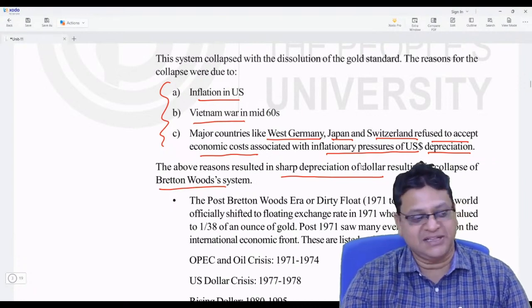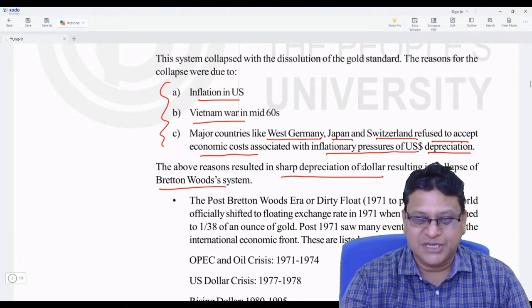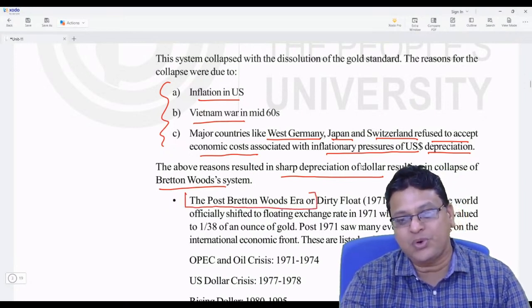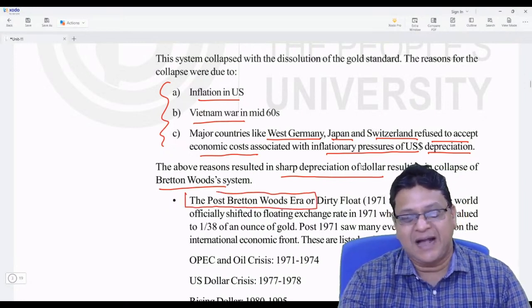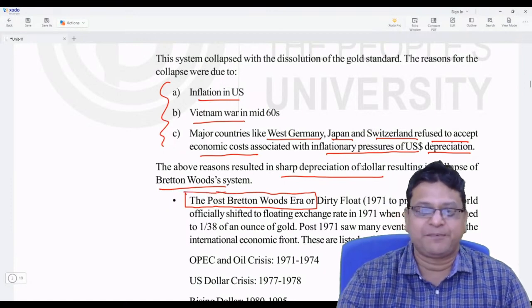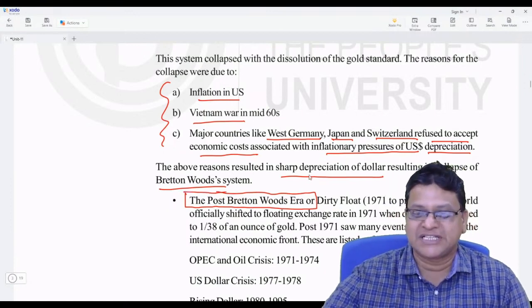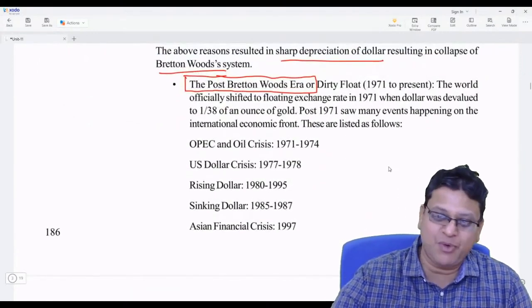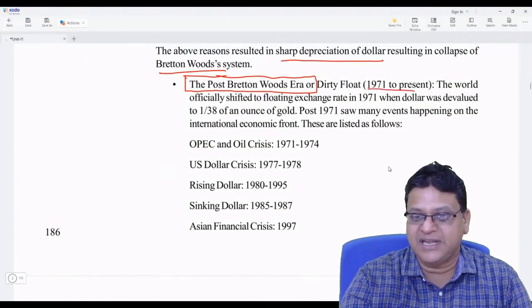Next comes another type of exchange rate, that is, the post Bretton Woods era. There is a floating exchange rate. After the Bretton Woods system, the exchange rate system followed from 1971 till date.